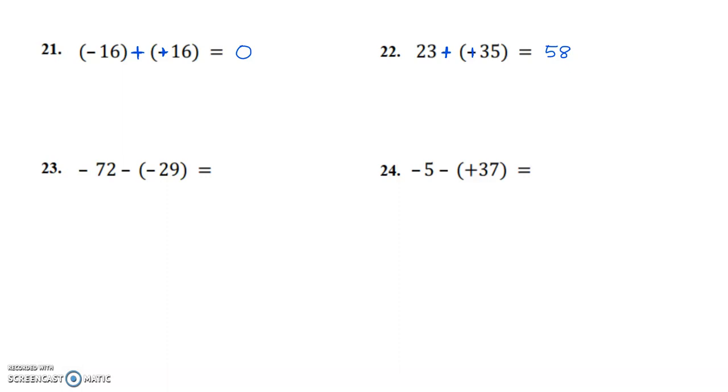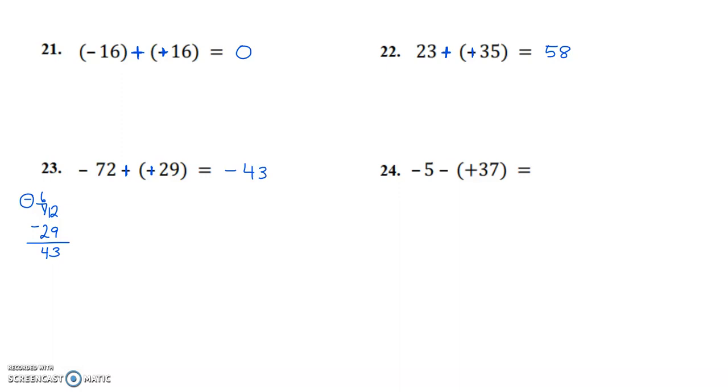Number 23, we're going to change to the opposite. And now we have two different signed integers, so we're going to subtract, keeping the sign of the larger number. We're going to take 72 minus 29, which will give me a result of 43, and that's going to be a negative 43.